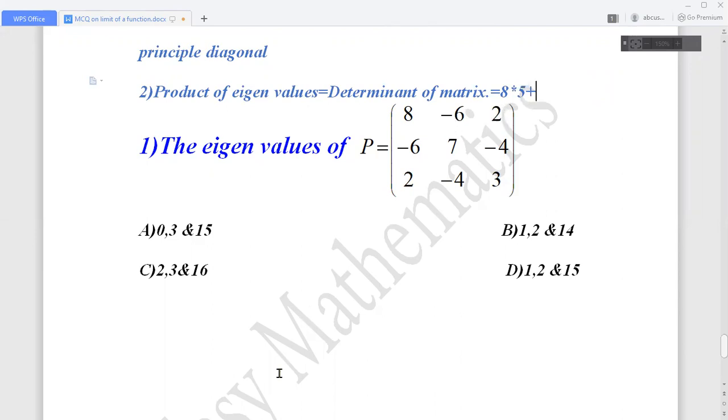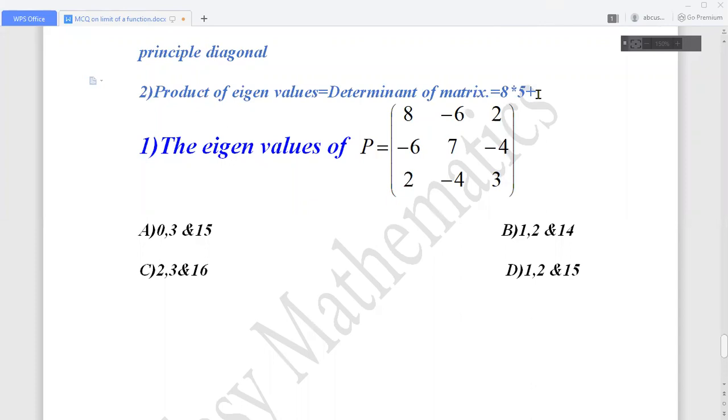Let's imagine that the corresponding column and the corresponding row are deleted, and calculate the value: negative 6 times 3 minus 2 times negative 4. Negative 6 times 3 gives negative 18. Minus times minus gives plus 8. So the result will be negative 10.